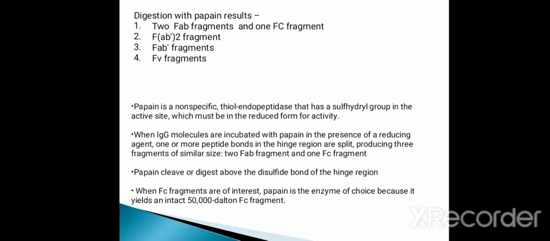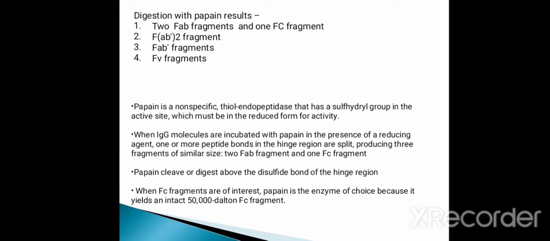Digestion with papain results in: option 1, 2 Fab fragments and 1 Fc fragment; option 2, F(ab')2 fragment; option 3, Fab dash fragments; and option 4, Fv fragment. Papain is a non-specific thiol endopeptidase that has a sulfhydryl group in the active site, which must be in the reduced form for activity.